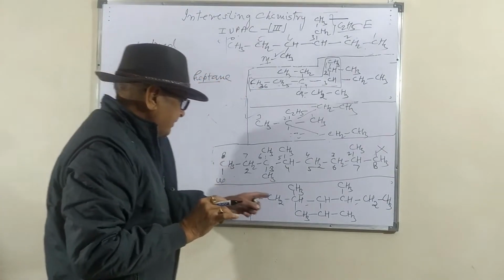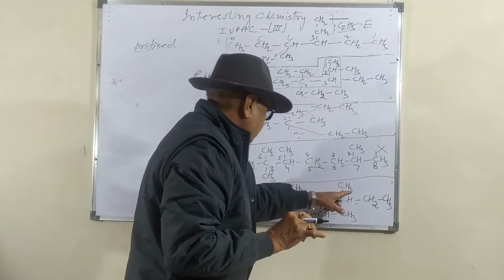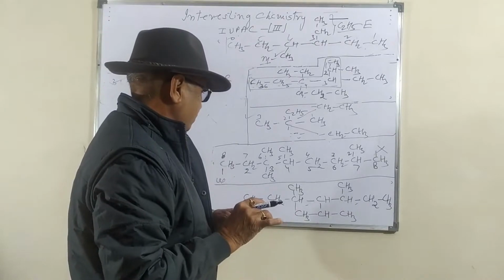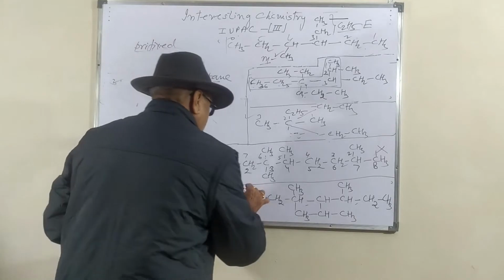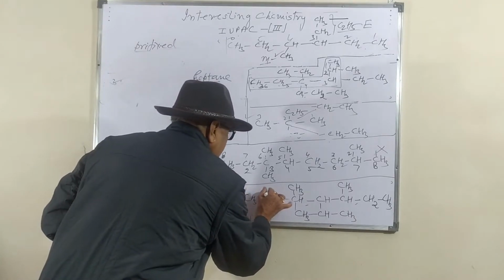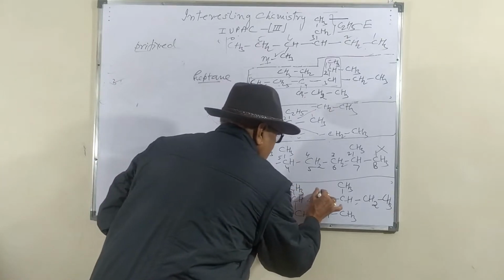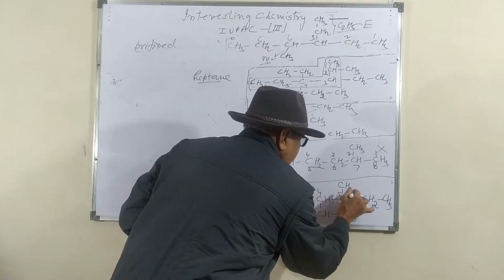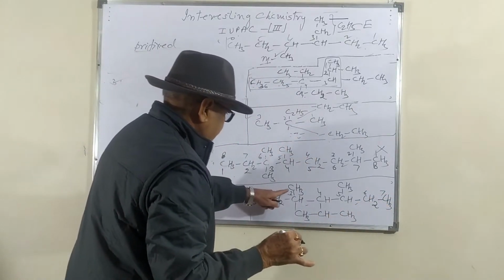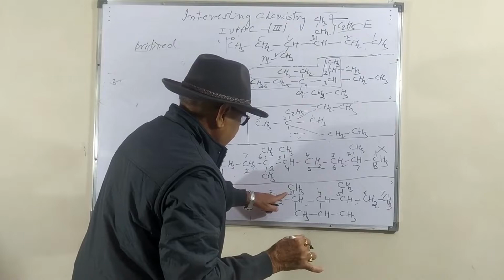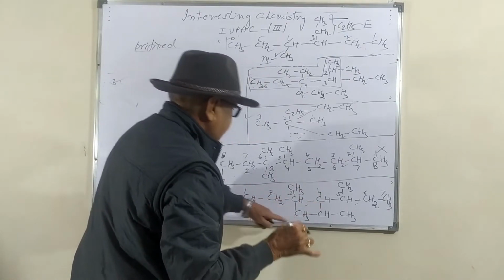Now there are 3 substituent groups. Then how will you name this structure? Start from 1, 2, 3, 4, 5, 6 and 7. So here 3 methyl, 5 methyl and this is propyl.